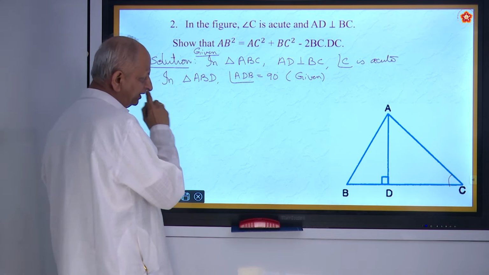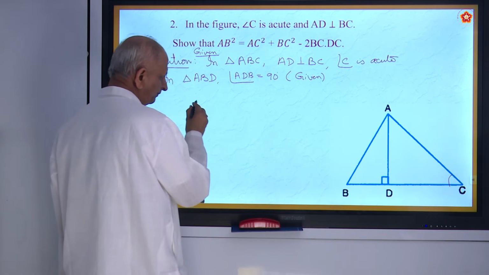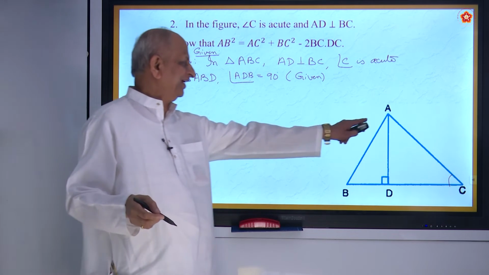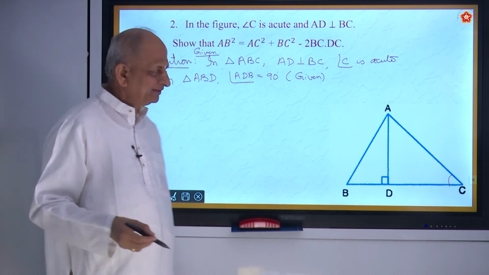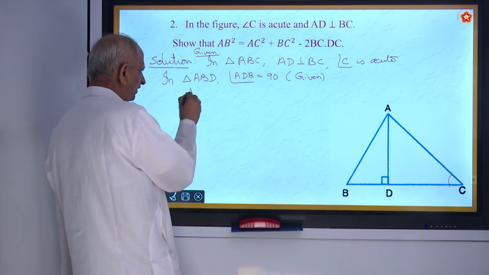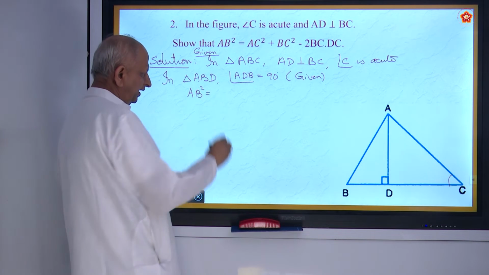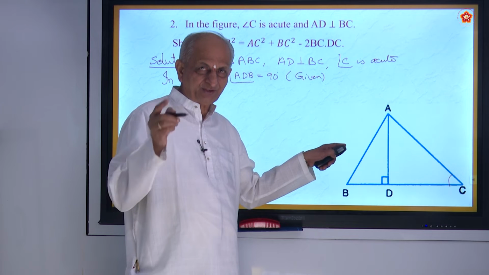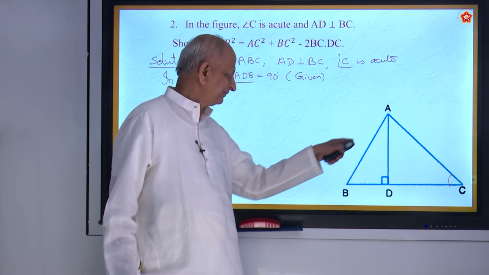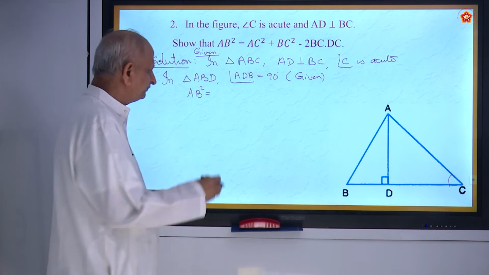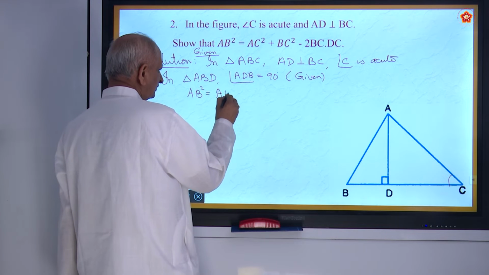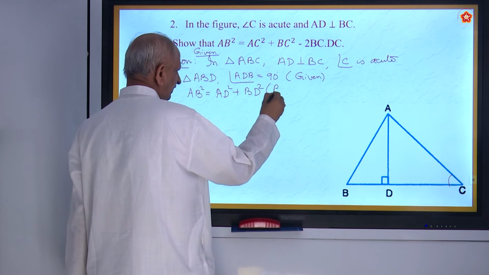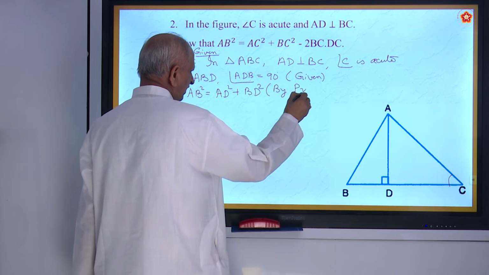So if that is 90 degrees, then you can apply Pythagoras theorem. Come on. How do you apply? What is the hypotenuse here? AB. Square of that, AB square. Okay. Hypotenuse square is equal to the sum of the squares of the other two sides. Other two sides means what? AD square plus BD square by Pythagoras theorem.